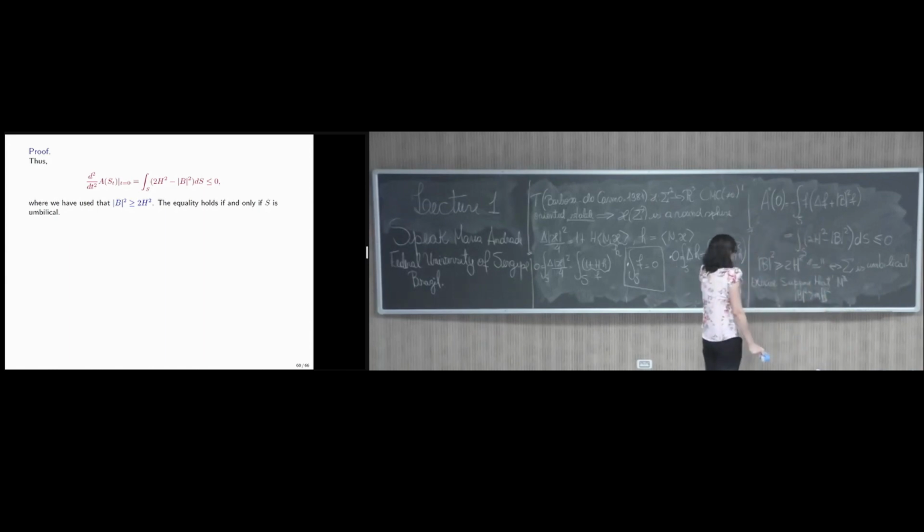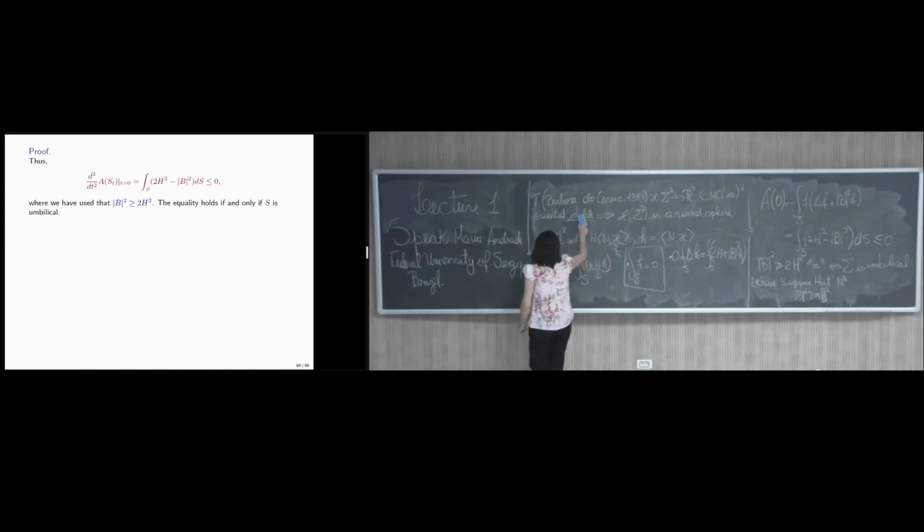So in this case, I have that the second variation of area is less than or equal to 0, but by hypothesis my surface is stable. What does that mean?